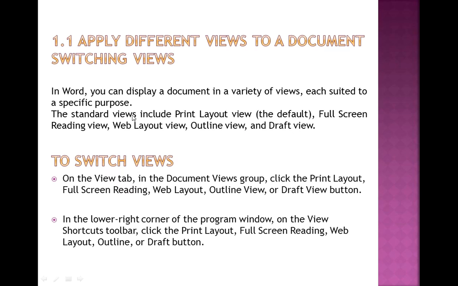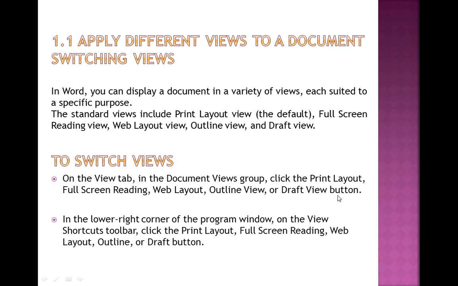So these are the different standard views that are available in MS Word 2010 or any other application. To switch views means we can switch from one view to another view. And how to switch? Go to the view tab, and in the document views group, click print layout, full screen, web layout, outline or draft view.